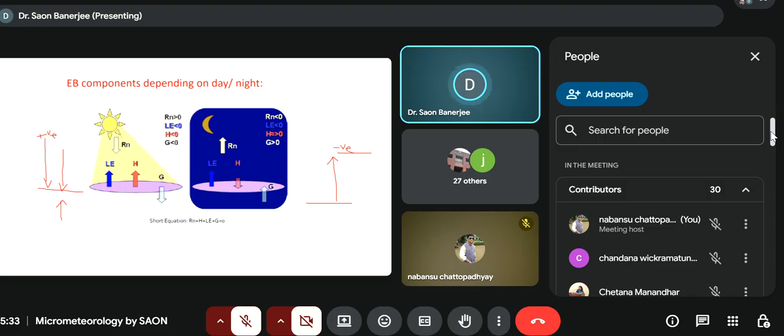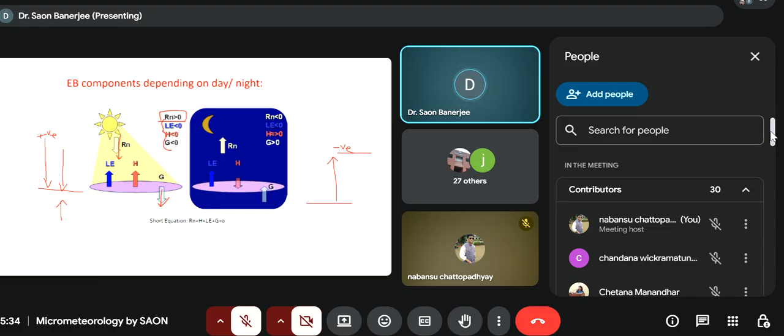Now net radiation Rn is coming towards the surface in the morning because we are getting sunlight, so Rn is positive. The latent energy goes upward through evaporation, the sensible heat goes upward, and the ground heat flux goes downward. So here Rn is greater than 0 and Le, H, G are all negative.